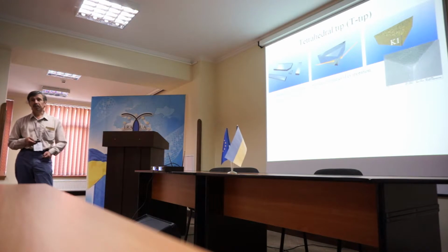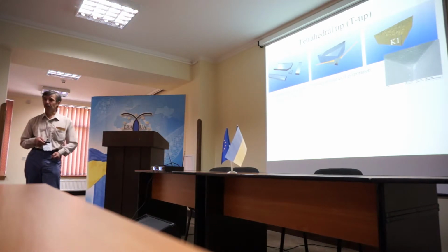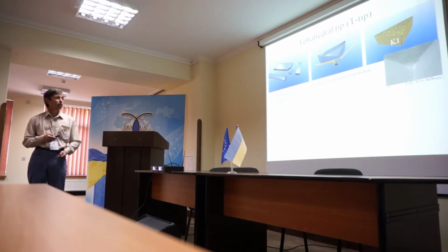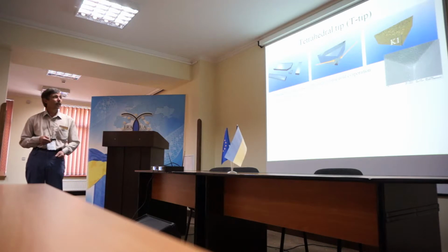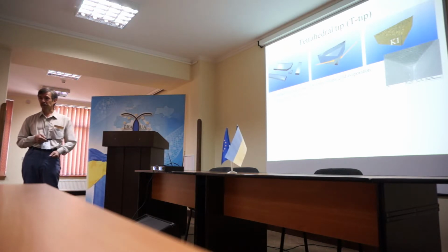But there is a tip which doesn't fit this rough scheme. It's a tetrahedral tip proposed by Ulrich Fischer. It is a very simple construction which you can make in a few hours. It is a fragment of a cover slide, made by the method which was used for a long time to produce glass knives in electron microscopy.